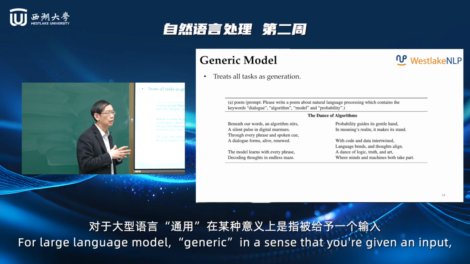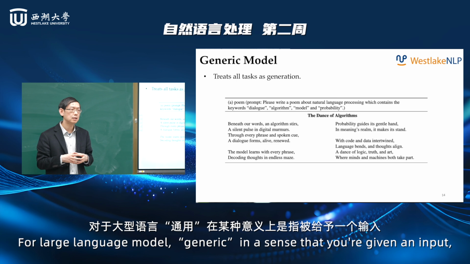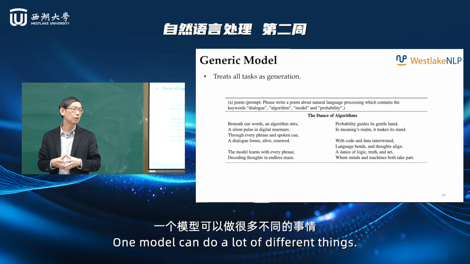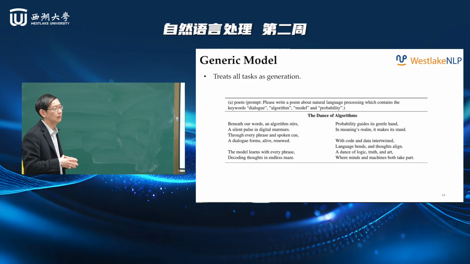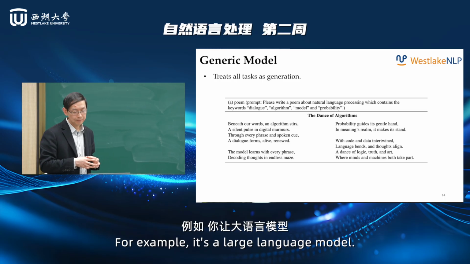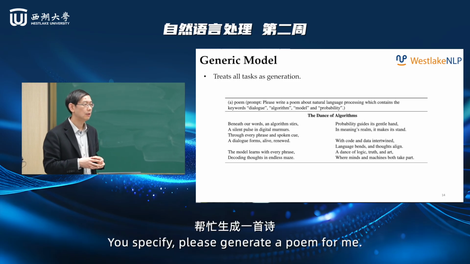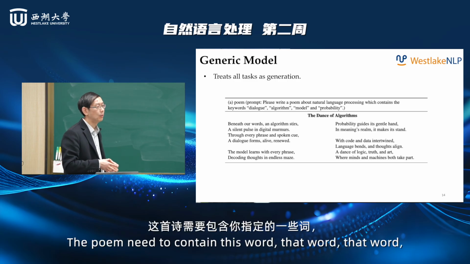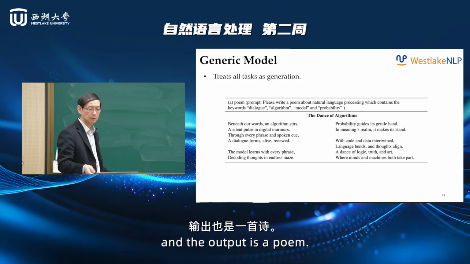For large language models, it's generic in the sense that you give it an input, but you also give it a specification of the task. One model can do a lot of different things. For example, with a large language model, you specify, please generate a poem for me, the poem needs to contain this word, that word, and that word, and the output is a poem.